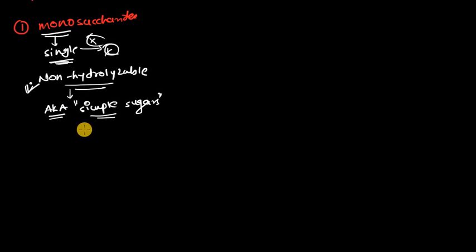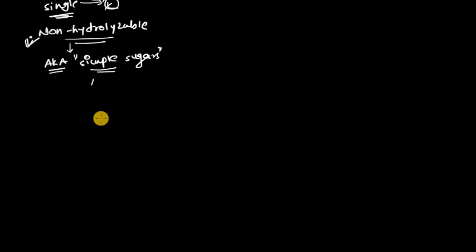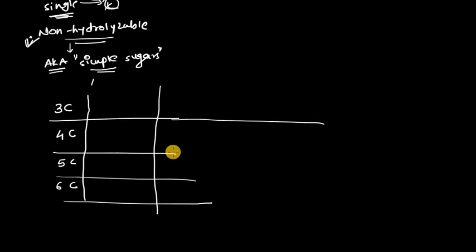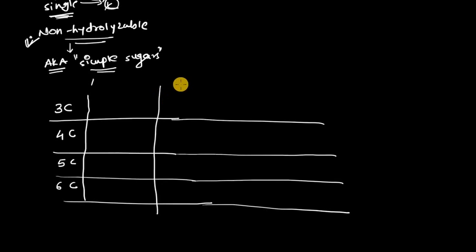Now again there are two groupings. Based on the number of carbons, some monosaccharides have 3 carbons, some have 4 carbons, some have 5 carbons, some have 6 carbons. Also, a monosaccharide might have an aldehyde group or it might have a keto group.